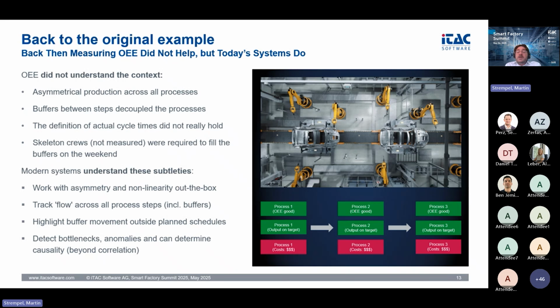It was too expensive to monitor the buffers, and immediately that created a gap in our knowledge. So what was happening is that we were running production outside of the planned schedule. Another thing the OEE didn't pick up, because OEE was only being calculated according to the planned production times. Anything outside of that, any units produced were just ignored.